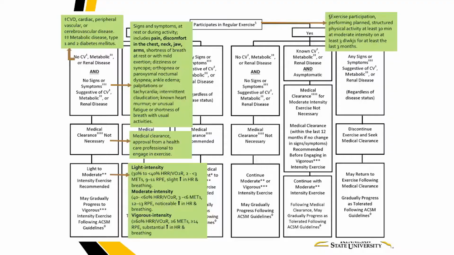Do they have a family history of cardiovascular disease or any other condition? So you kind of go down the algorithm here. If there's no history of cardiovascular disease, there are no signs or symptoms of cardiovascular disease. So you can see how looking at what each of the little squares there will dictate how you move through the algorithm.